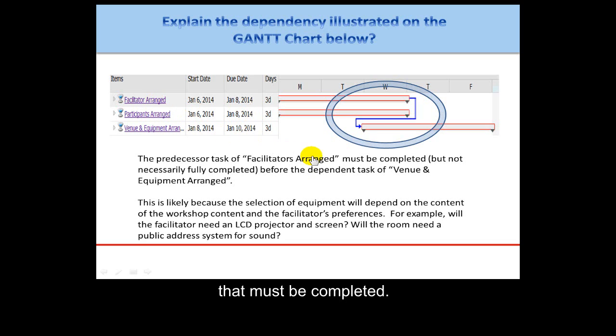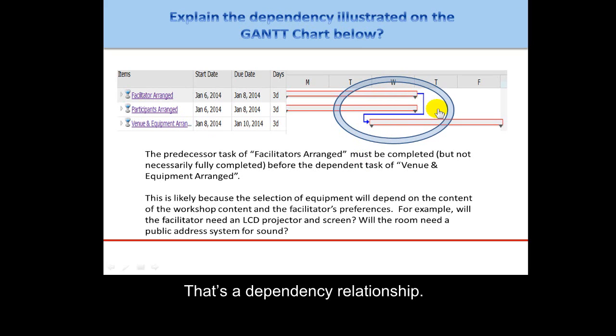This one must be completed, but you'll see it doesn't necessarily have to be fully completed. You can actually start arranging the venue and equipment before you're fully finished with all of the facilitator arrangements. So that's a dependency relationship.